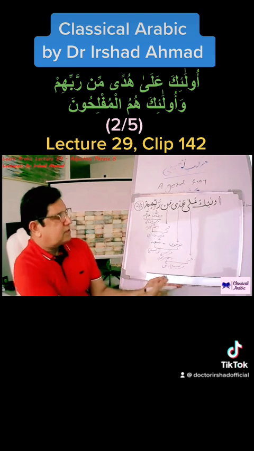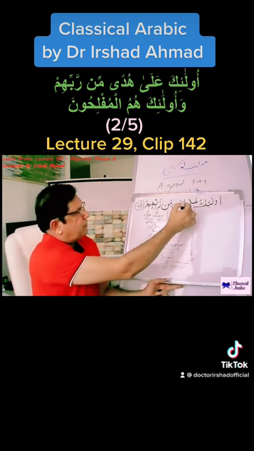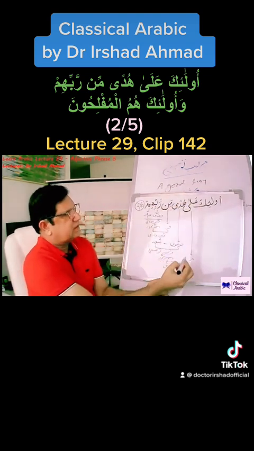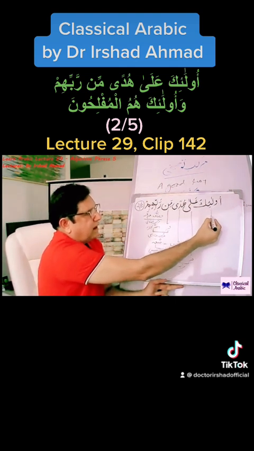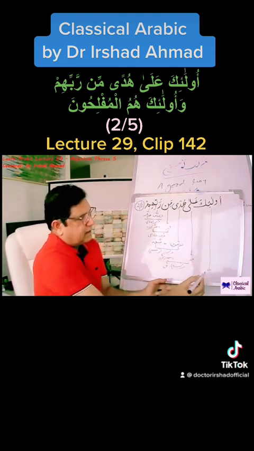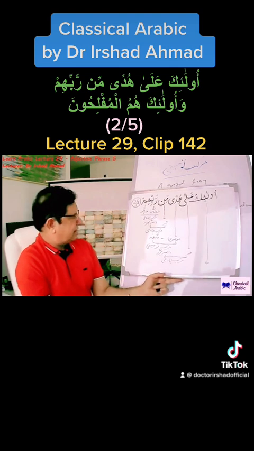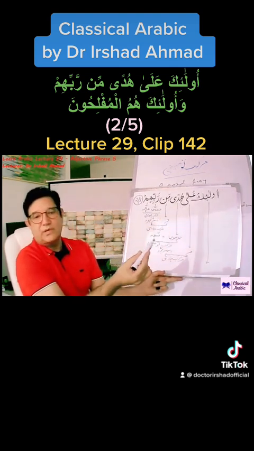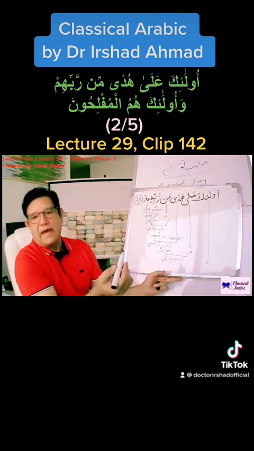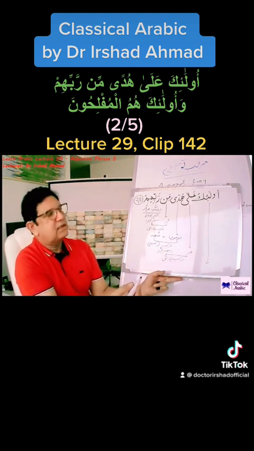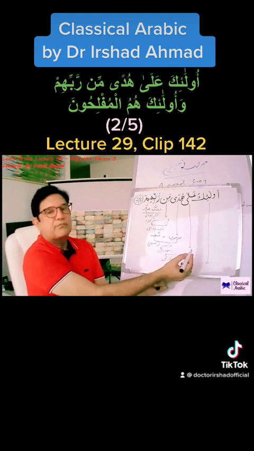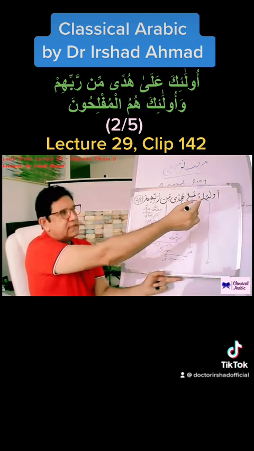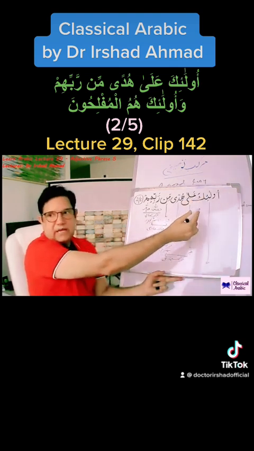Okay. So this murakkab jari, the whole of this structure, is preceded by ulaika. And we know that ulaika, being a demonstrative pronoun of distance, has the quality to become mubtada because it is at the beginning of the sentence anyway, and it is definite.